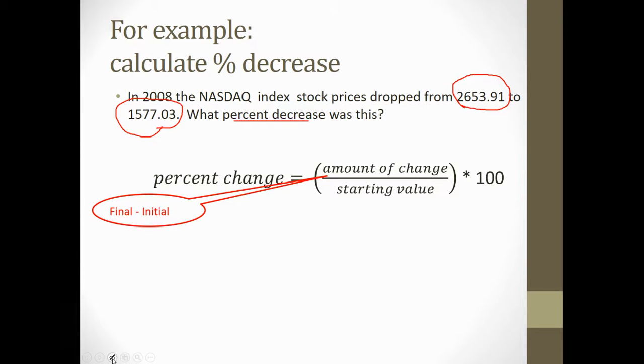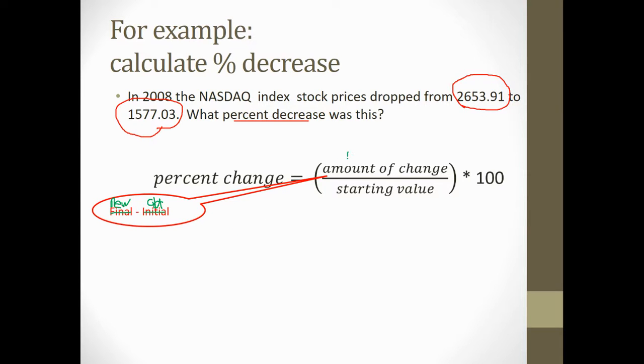Something I've learned over the years is that I need to change these words. So I'm thinking about final as the end value, the new value. The initial is the old value. So I want to do my new value minus my old value. The initial is your starting value. That's what I started with. That was the old value. The new is what I changed to.